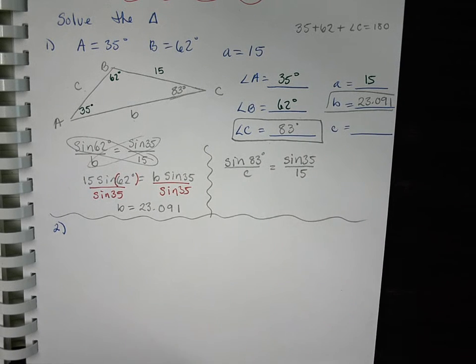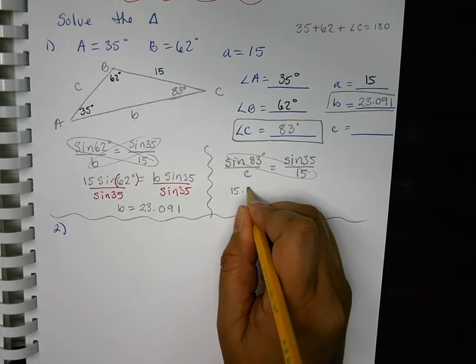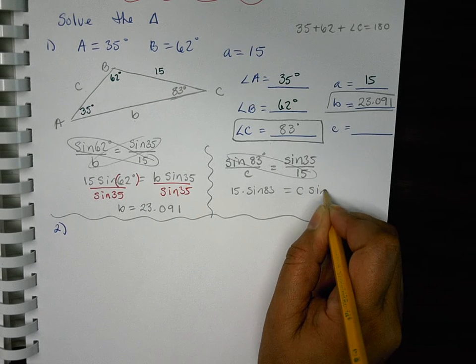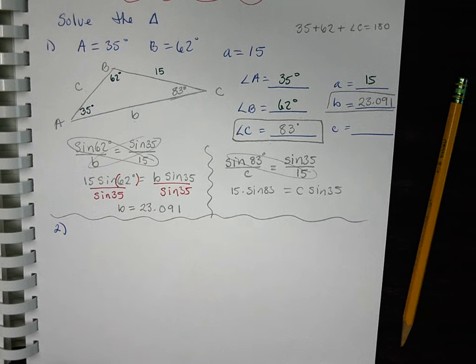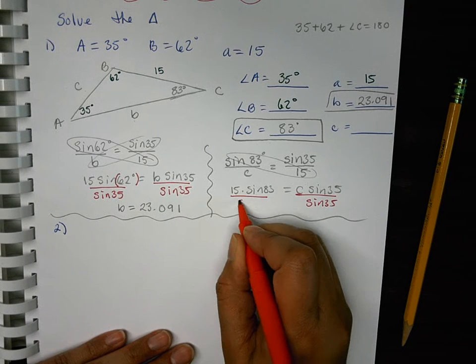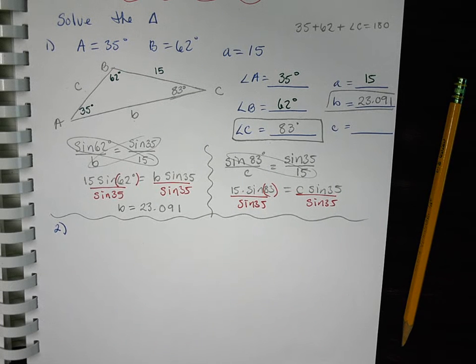All right, thank you for this one. And then you do the same thing. 15 times sine 83 equals C times sine of 35. And then you divide both sides by sine of 35. Don't forget to close your parentheses there before you hit divide. Go ahead and plug it in.